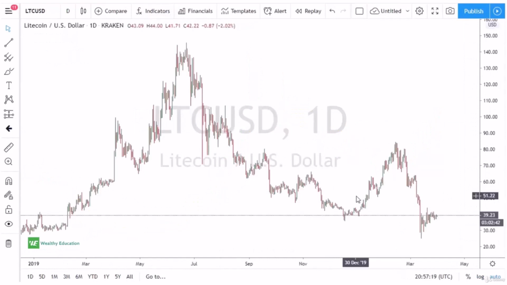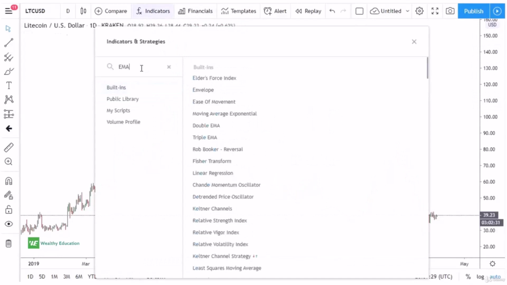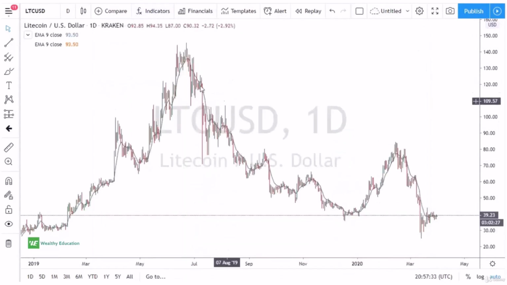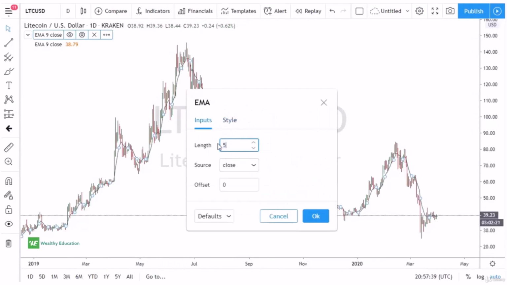There are a multitude of different ways you can use this. So let's go ahead and put a couple on this Litecoin chart. This is a daily chart, so let's use a little higher time frame one. Let's go with 50.